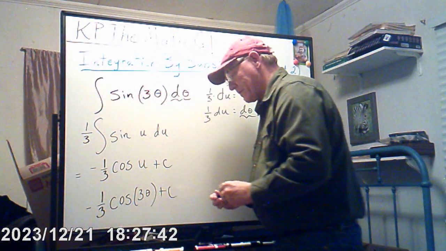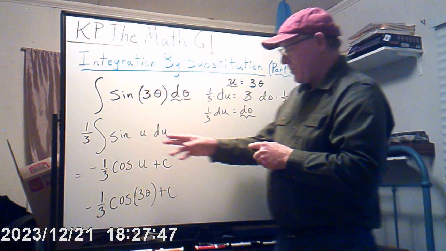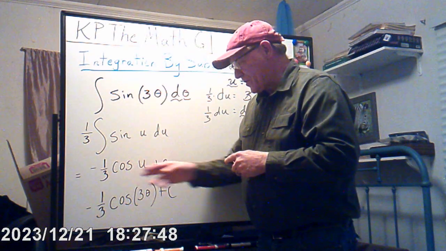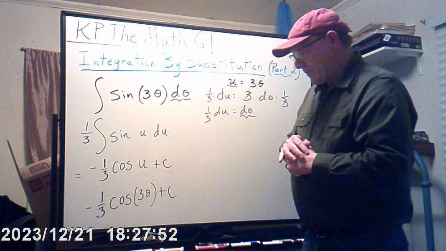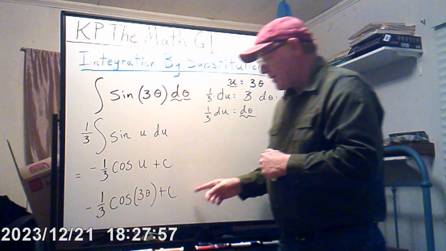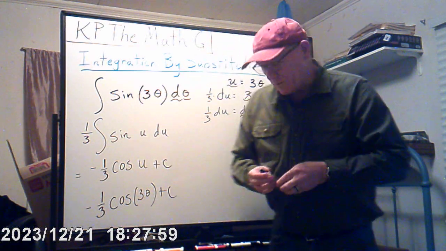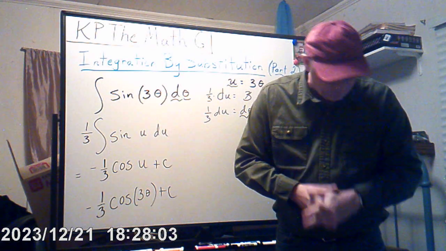Okay, there we go. We do know that the antiderivative of sine is cosine, actually negative cosine, but I needed a negative 1/3 out here from the very beginning. I just wanted to show that quickly.